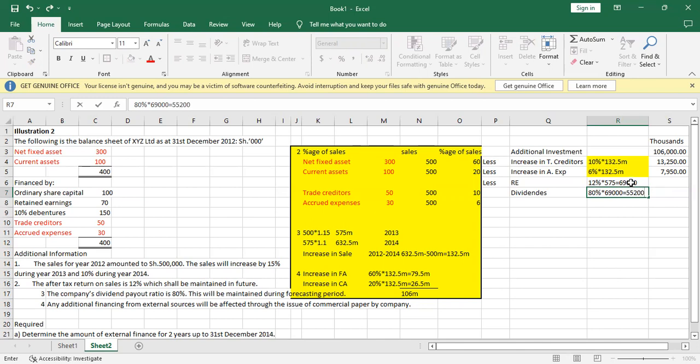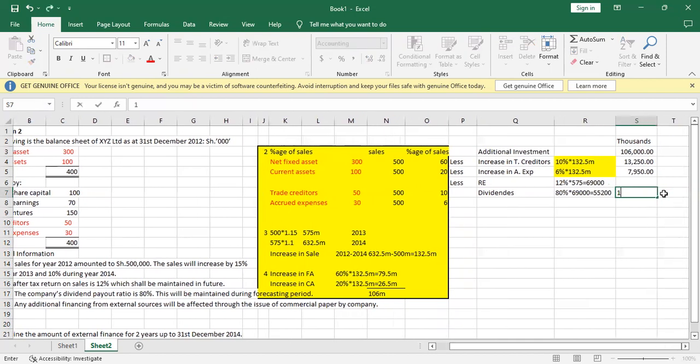So 69 minus 55,200, I'm getting 13,800. So I'm able to get the retained earnings, and this is for 2013. So I'll need to do the same process.